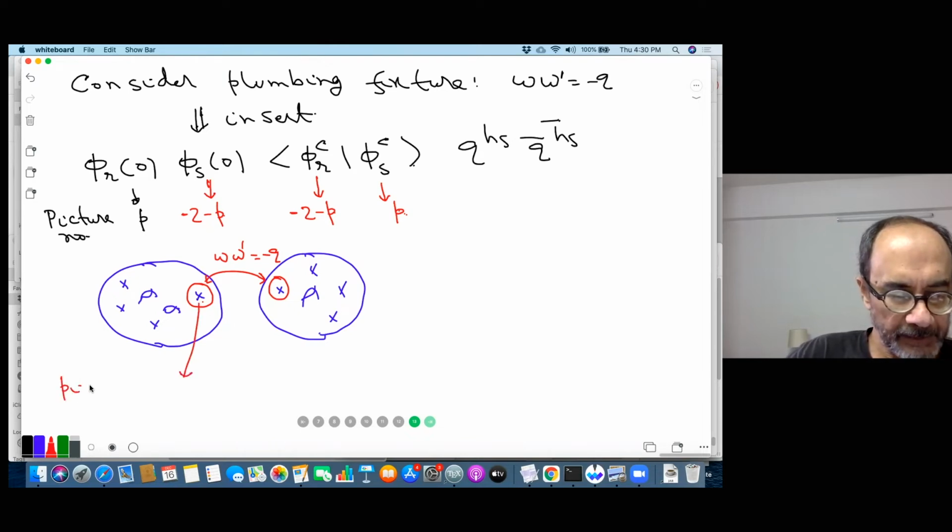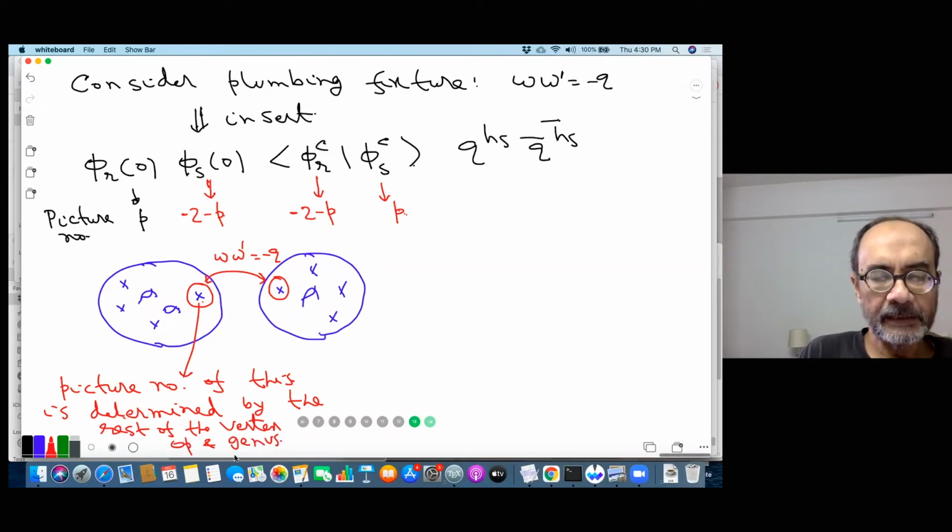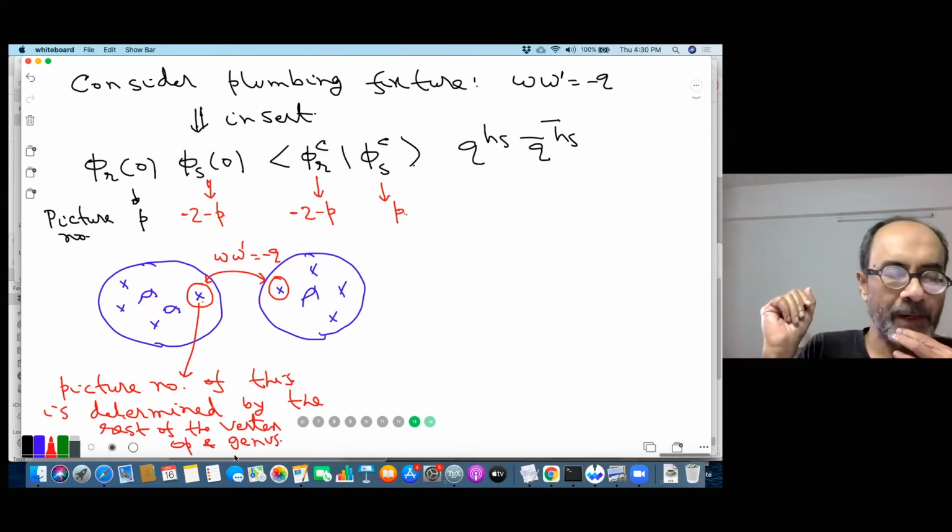So the picture number of this is determined by the rest of the vertex operator and the genus, because on a genus G surface, the total picture number has to be 2G minus 2.